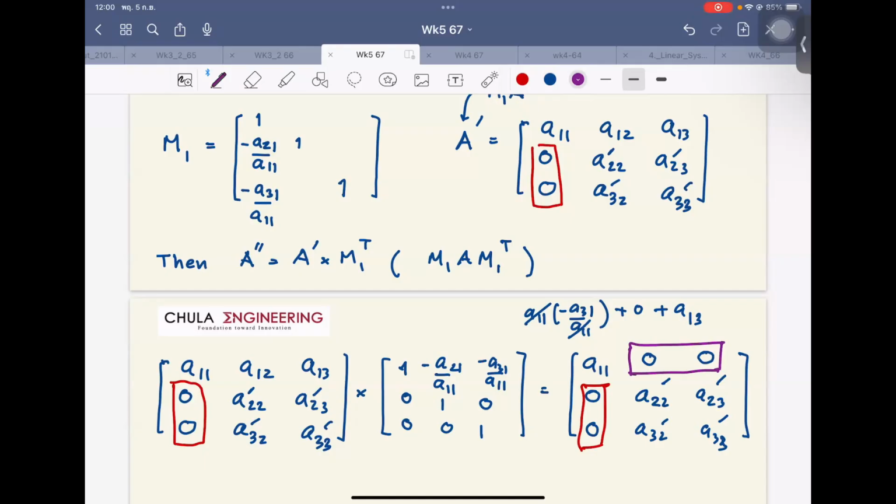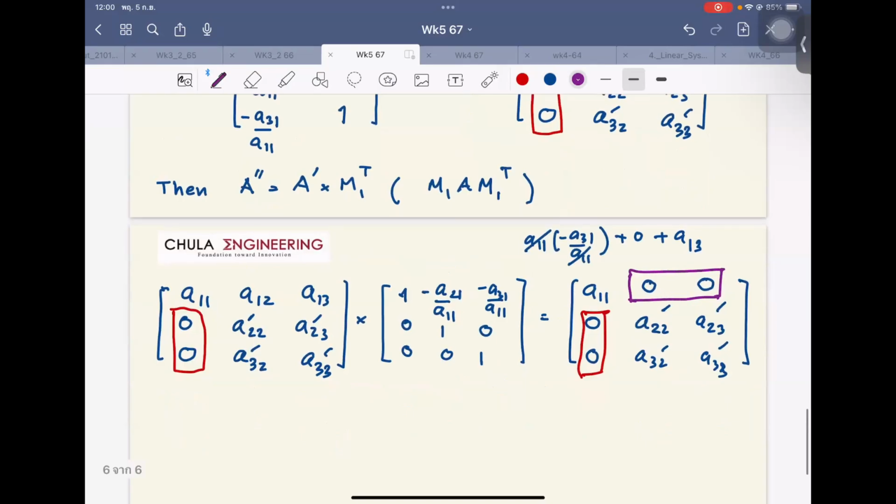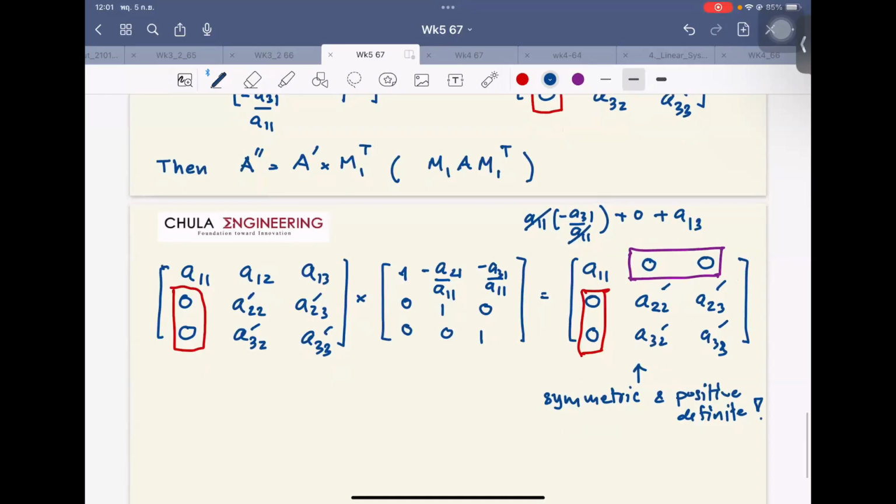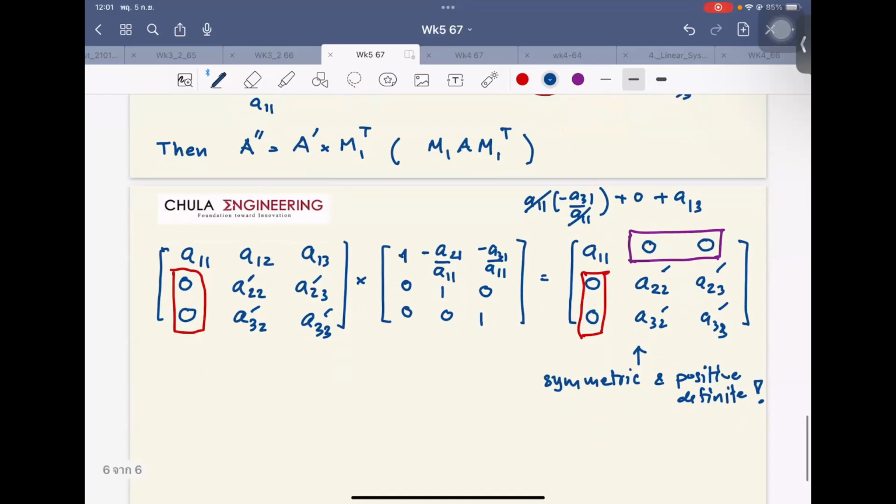Okay, and we can show that this matrix is also symmetric and positive definite. We can show that symmetric and positive definite. So now we complete the first step.